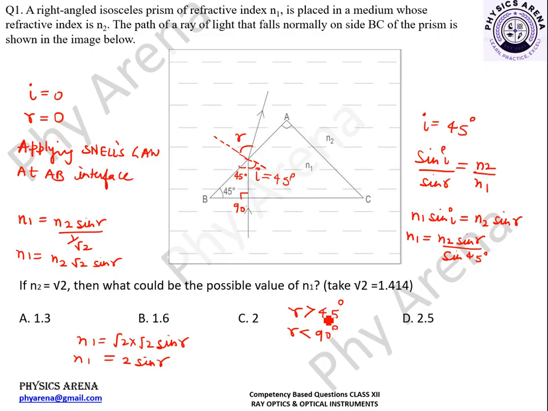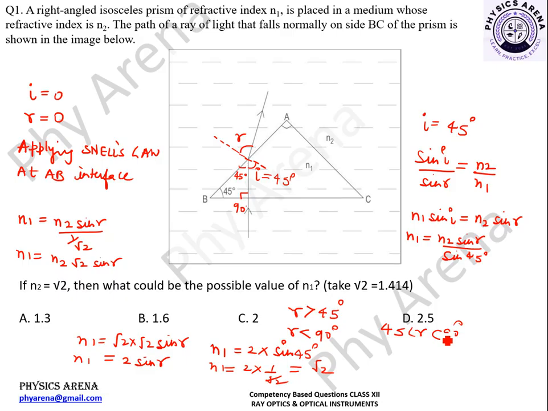So we know the value of n1, it is 2 multiplied by sine of something greater than 45. So r is lying between 45 to 90. So we can check at the boundaries. If it is at 45, n1 will be equal to 2 into sine 45, that will be 2 into 1 by root 2, which is root 2.